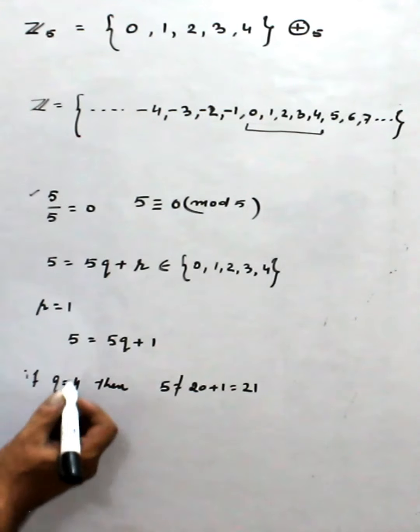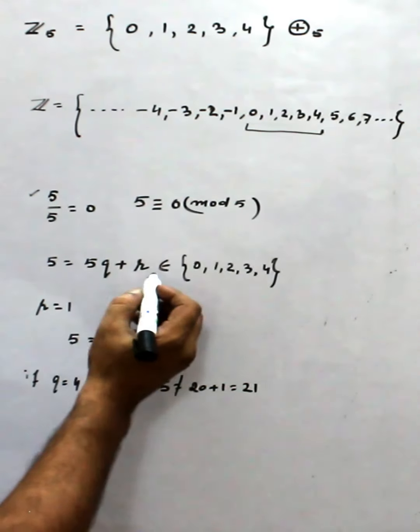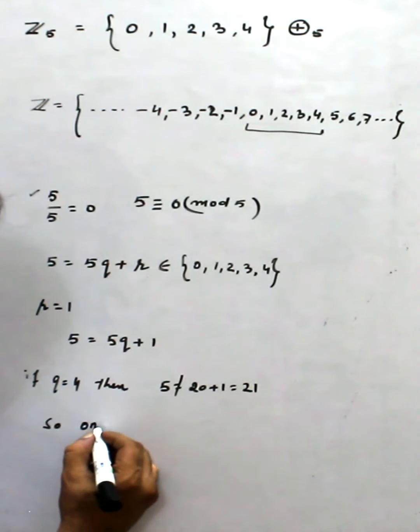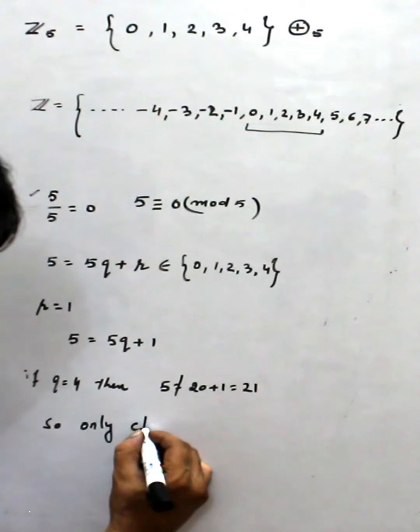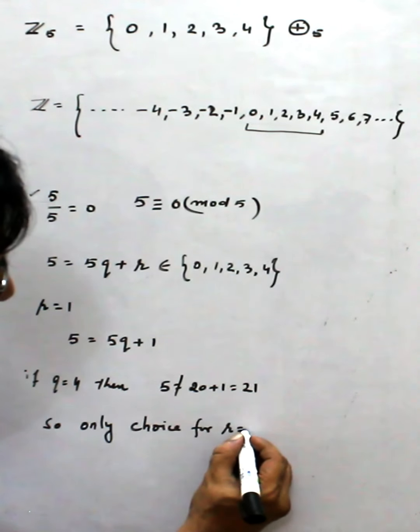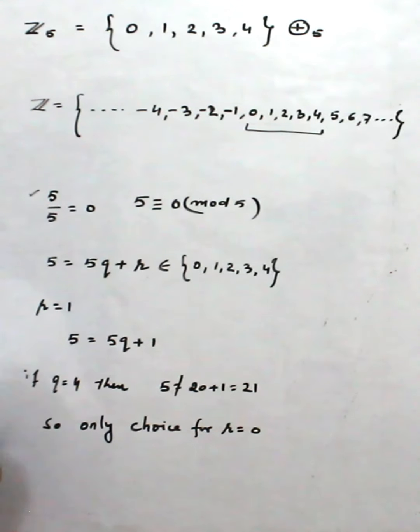So the only choice for r we have is 0. Then this equation is satisfied.